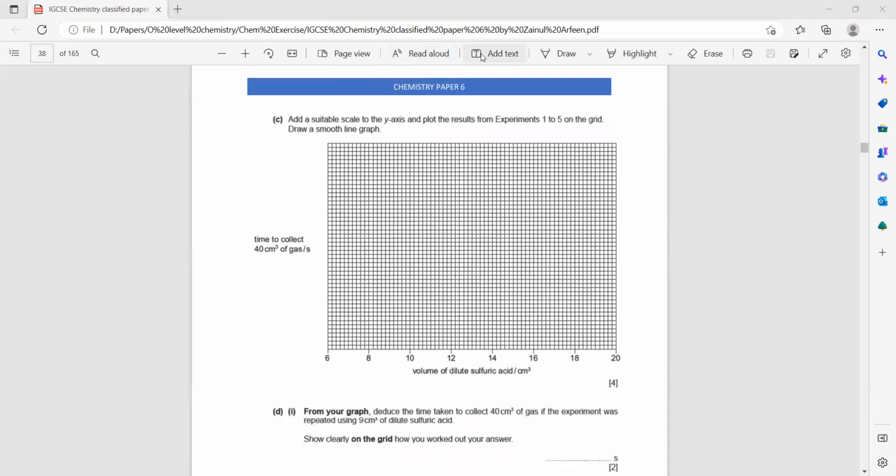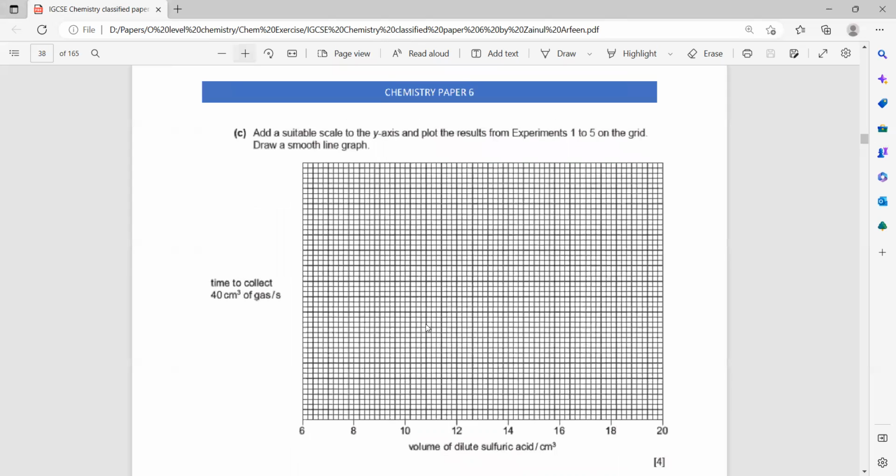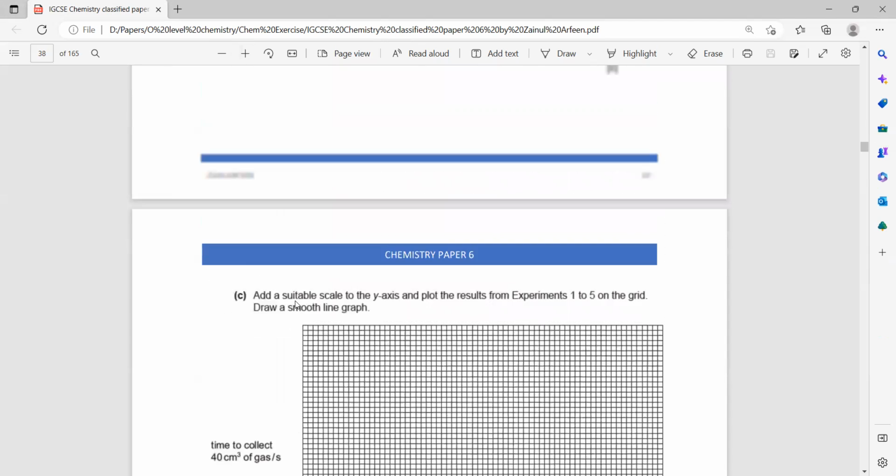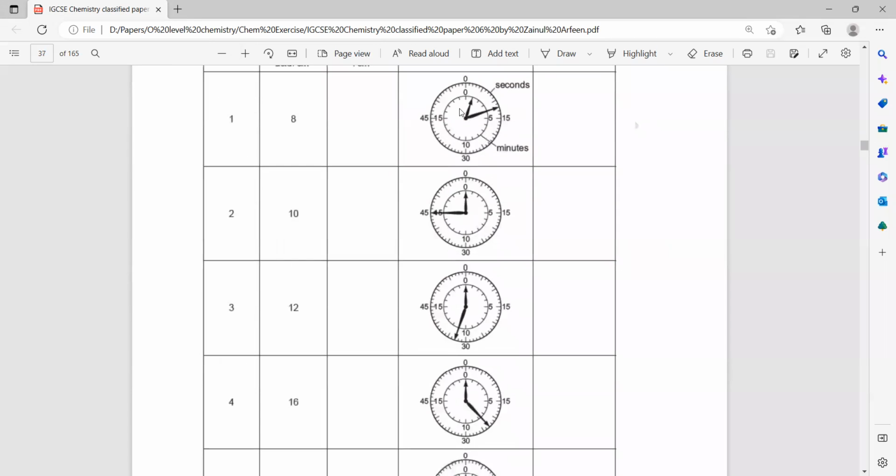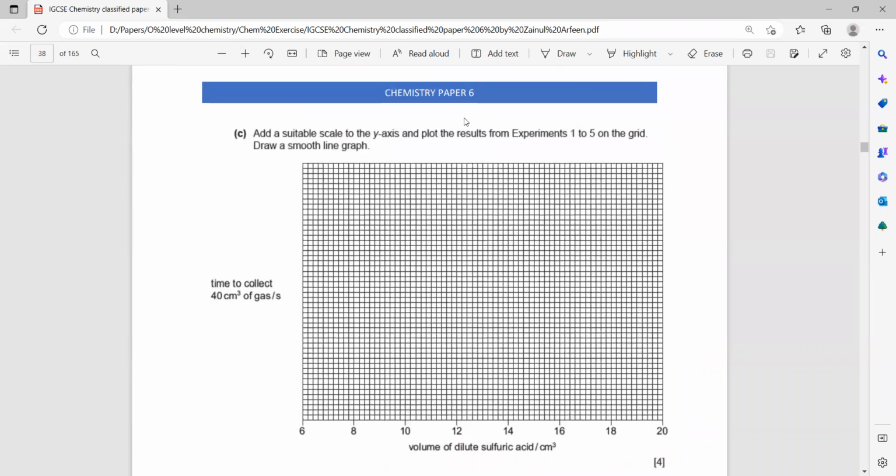Then you have to draw a graph, and draw a suitable scale for the y-axis for the time for experiments 1 to 5, because if you check the numbers, we have from 72 and the minimum value was 16. They did not mention anything, but we want a smooth line graph. A suitable scale is needed.